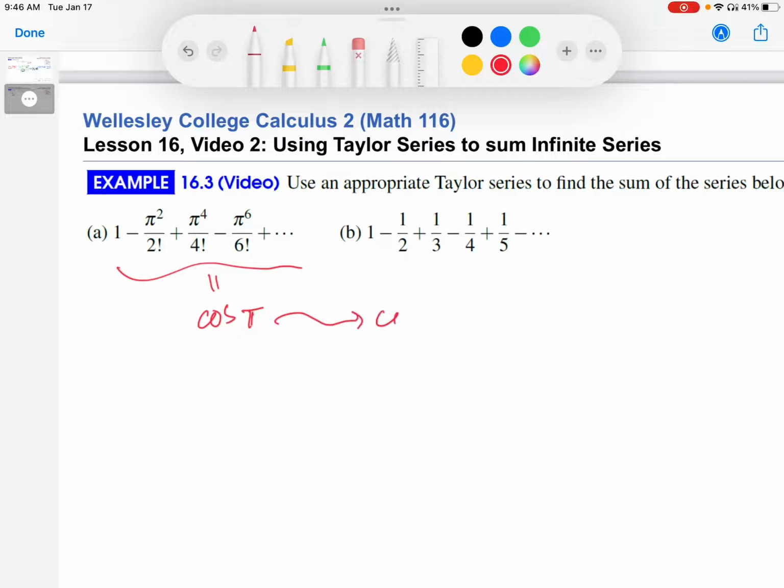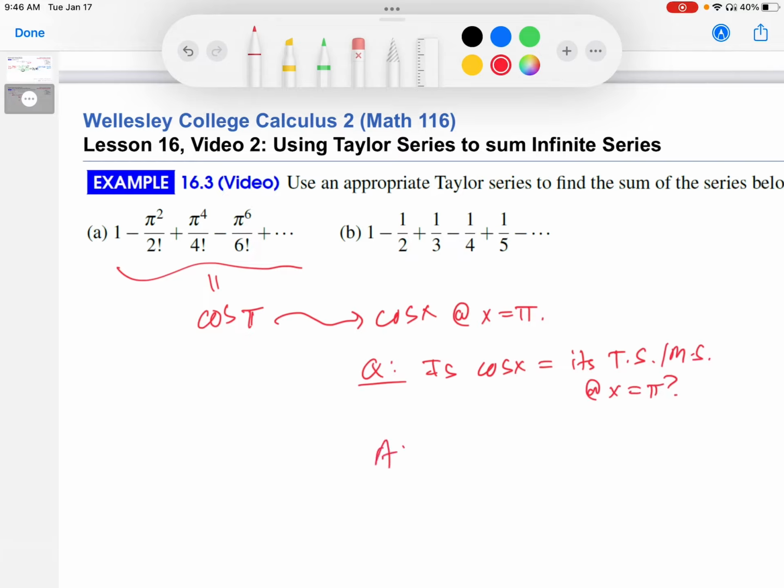In other words, this is cosine of x at x equals pi. So question, is cosine of x equal to its Taylor series or Maclaurin series at x equals pi? And the answer has to do with the interval of convergence for that Taylor or Maclaurin series.